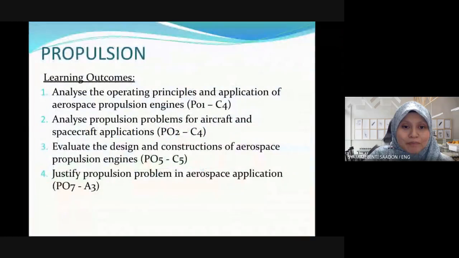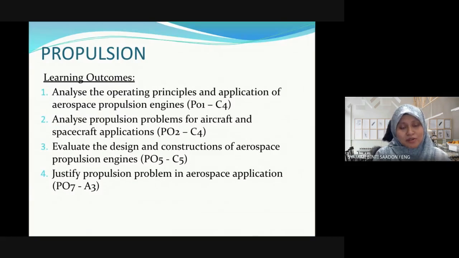First, the learning outcomes, the objectives for this propulsion course. Analyze the operating principle and application of aerospace propulsion engines. I will introduce to you the main aircraft engines, especially turbofan and turbojet, that we are going to learn and apply. Then analyze propulsion problems for aircraft and spacecraft applications.